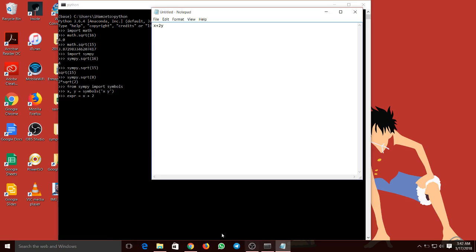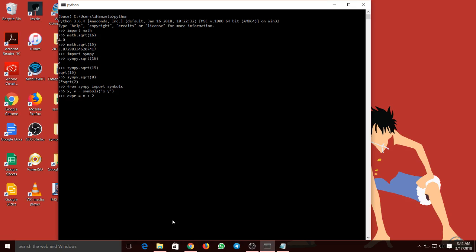So x plus 2 multiplied by y. Once I press enter, we've put it in. Once we put expr, it gives us the answer, x plus 2y. Our equation is now inside.